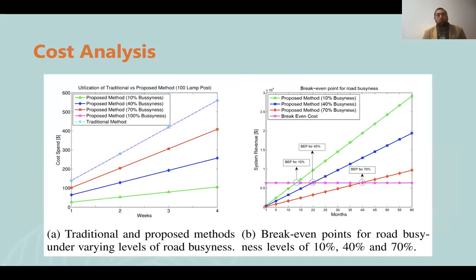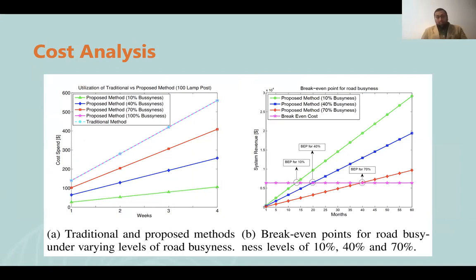We have done some cost analysis in order to validate the proof of concept. If the road is 100% busy, then our solution works similar to the traditional one. But in reality, the road is not busy the entire night, especially the later part of the night.